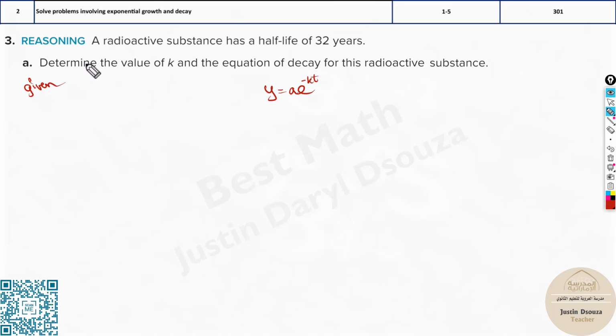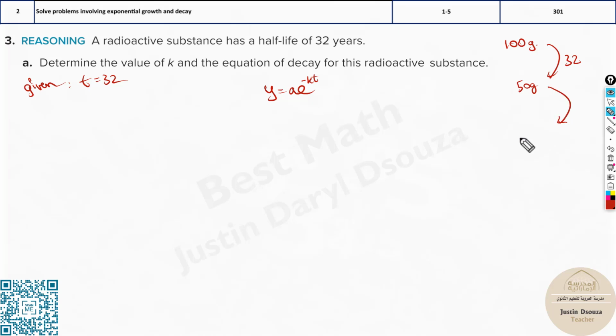Now given, a radioactive substance has a half-life of 32 years. So what is the time? It's 32. Now what is exactly half-life? Half-life is the amount of time taken for a particular element to come to half of its initial amount. In the sense, if there is 100 grams of some substance which is radioactive, and 32 years is the half-life, after 32 years it will come to 50 grams.